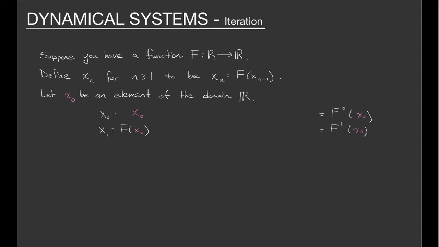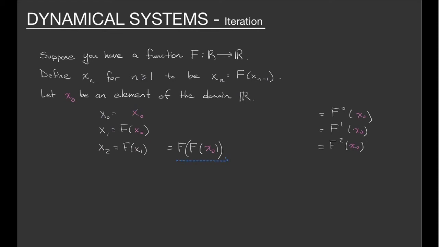The next case, for x1, using this formula, well, x1 should be equal to f of xn minus 1. So we take f of xn minus 1, since n is 1, n minus 1 is 0, so we get f1 of x0, and that's x1. To find x2, we take f of x1, f of the last thing, just like here we took f of the last thing.